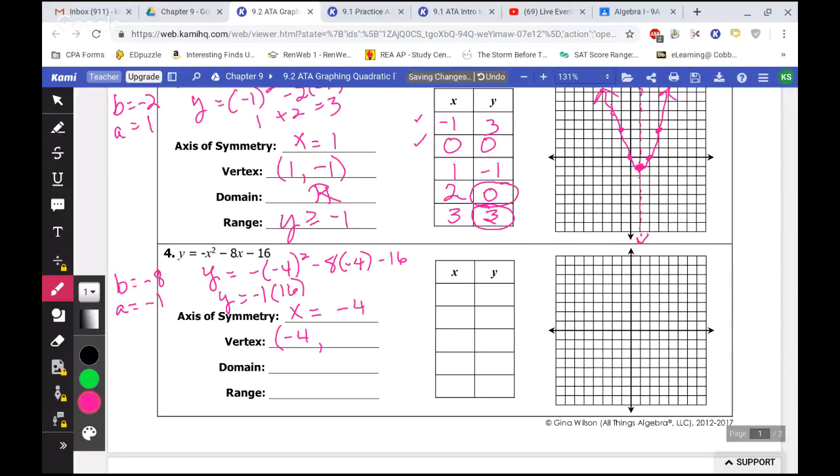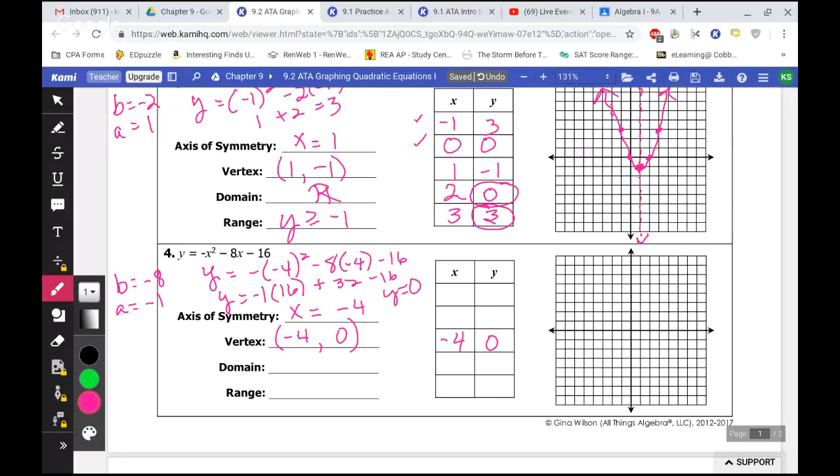So that's going to be -1 times +16, because -4 squared is 16, plus 32 minus 16. So I've got -1 times 16. So that's negative 16 plus 32. So that's going to be 16. And 16 minus 16 is 0. So y equals 0. I'm going to place that vertex in the middle of my table.